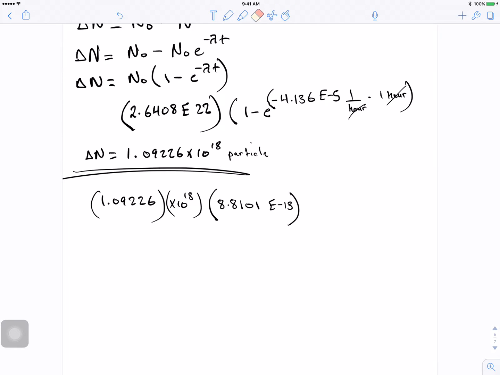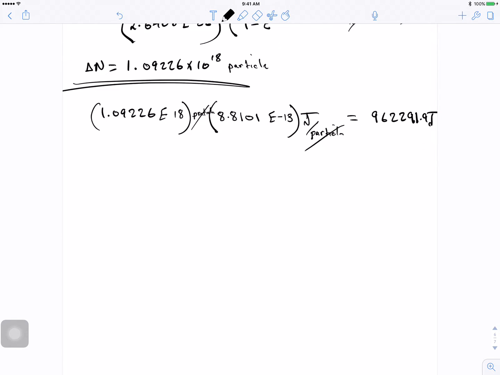Now let me fix the other one, e to the 18. Does that kind of make sense? This is particles, and this is joules per particle. So we can cancel particles out, and we get 9622291.9 joules, the total energy.